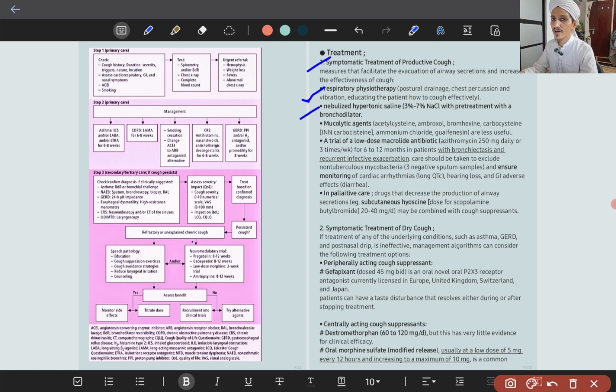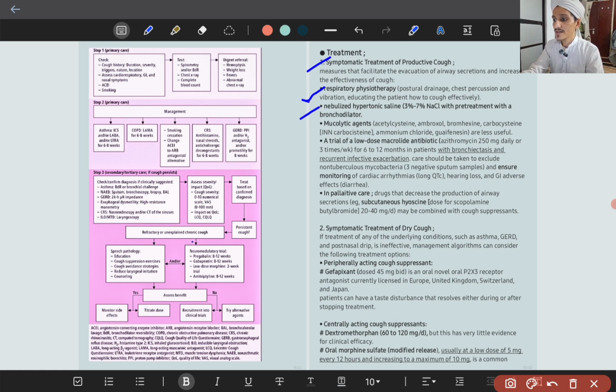A practical point from me: it will become a very thick solution, and it will go very slowly. So if you want to give a steroid by nebulization, just give 3% saline along with a beta 2 agonist. After giving that, separately you use the steroid.